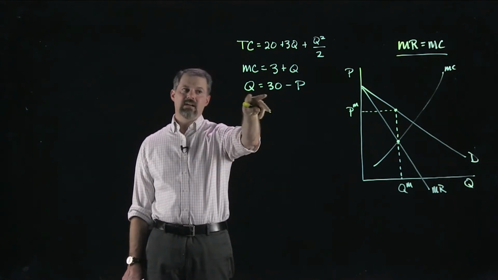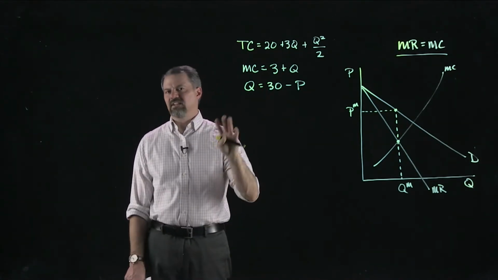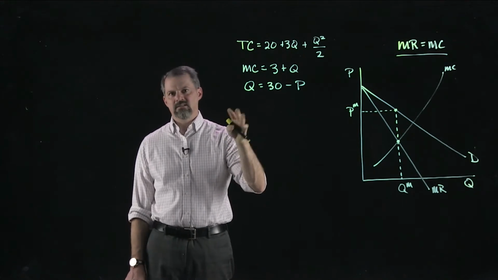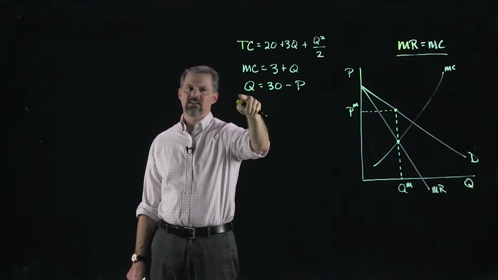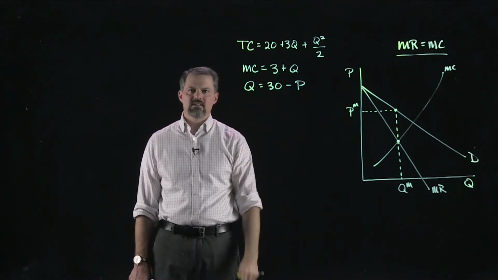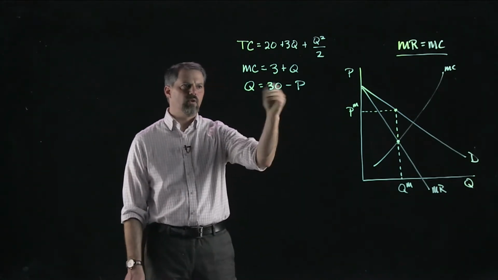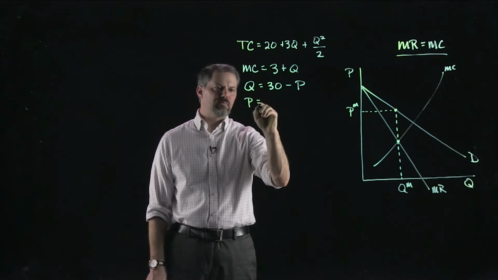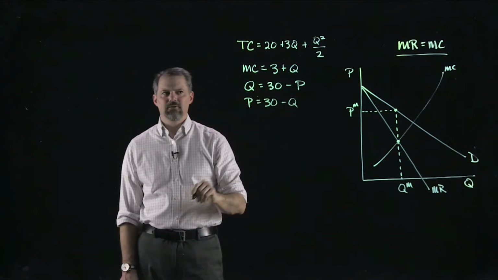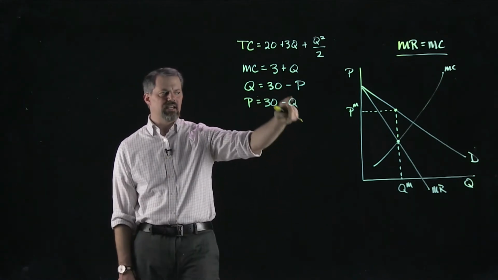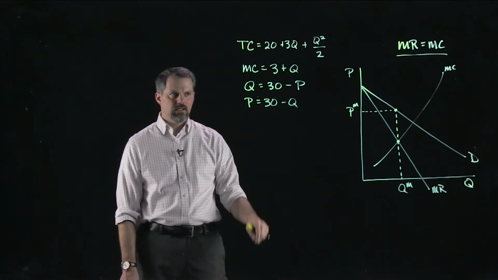Now the nice thing about this one is that even if you did graph the wrong thing, because I don't have this divided by anything or multiplied by anything, it's actually the same curve. So the inverse demand curve is just P equals 30 minus Q.